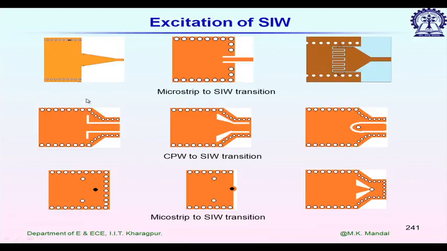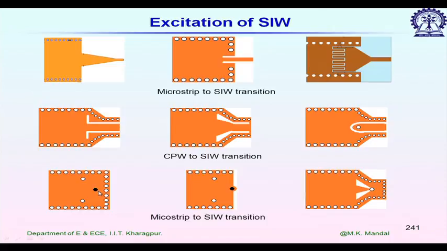Now, excitation of substrate integrated waveguide from microstrip line, from CPW line, and from coaxial cables. There are different techniques reported in literature for millimeter wave applications. For all of these 9 designs, there are two basic points.